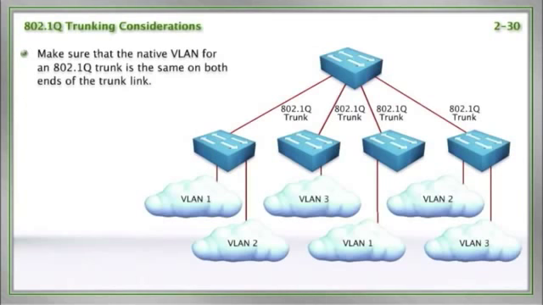By default, Cisco uses VLAN 1 as the native VLAN across all of the devices. Just keep in mind that if you change the native VLAN on one end of the trunk, you better change it on the other end of the trunk. You can't do any of that fun port security that we saw in ICND1.